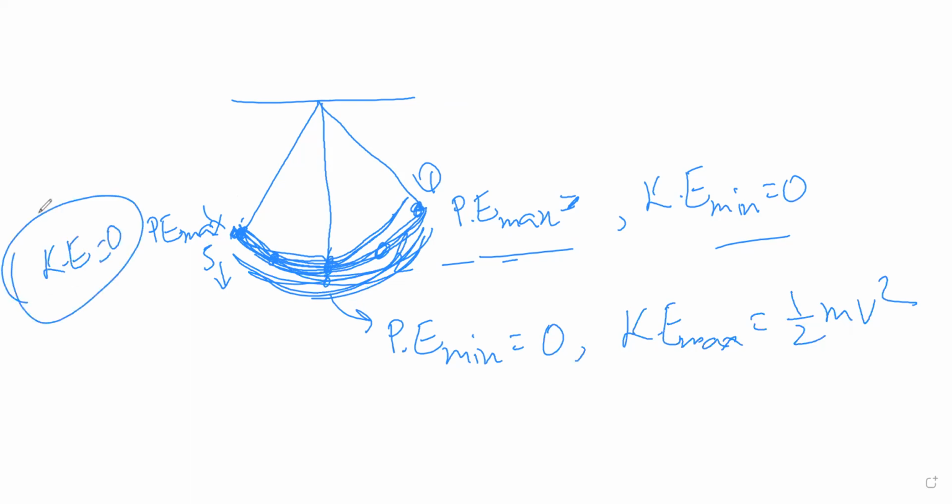So we need to use some more formulas here. Suppose we know potential energy equals mgh, and that is converting into our kinetic energy, half m v square.